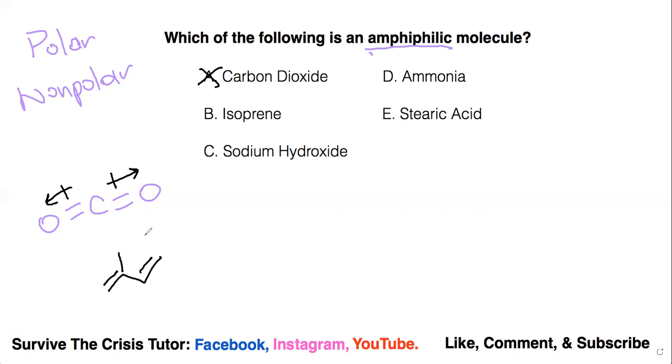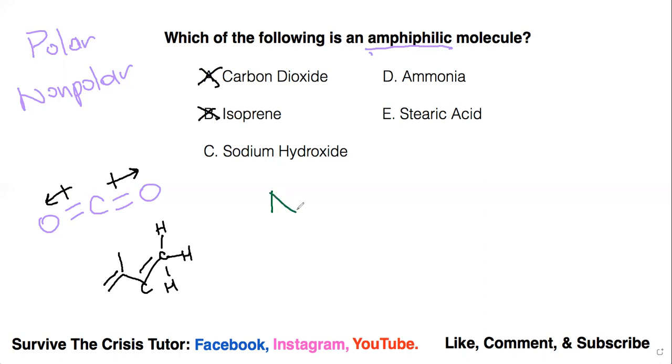If you're familiar with organic chemistry structures, you'll know that these corners and sections here indicate carbons, which have hydrogens attached to them. Now, of course, a fully hydrocarbon molecule is another non-polar interacting with oils and fats, right? So we see that this non-polar is not amphiphilic. Isoprene does not work.